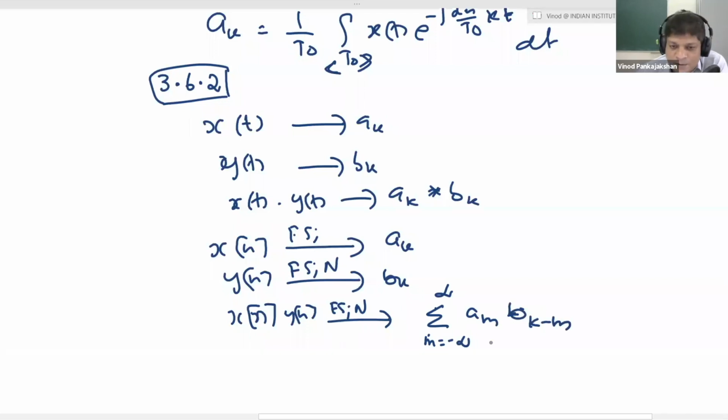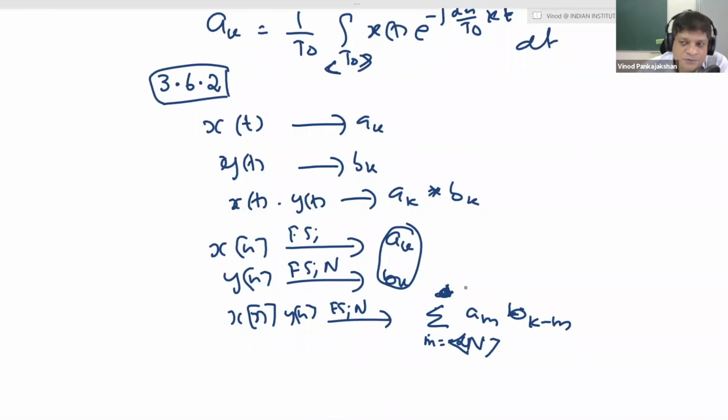This is a normal convolution, but since these two are N periodic, here the summation is over one period. That is the only difference. Other things are the same: flipping, sliding, everything is the same. But when you multiply those two signals and add, you take only N successive values because they are N periodic. We'll consider an example now.